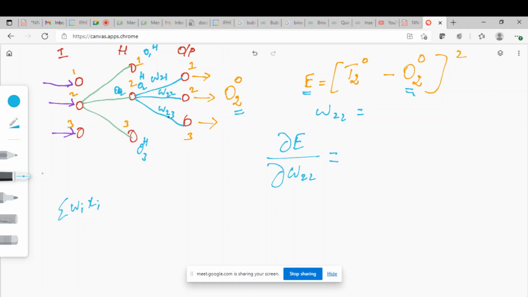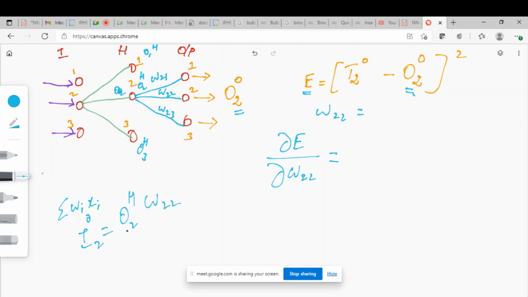So what I'm trying to say is that you cannot differentiate the error directly with respect to the weight, because error depends on output, and output depends on input. The input to the second neuron of the output layer is O2H into W22.